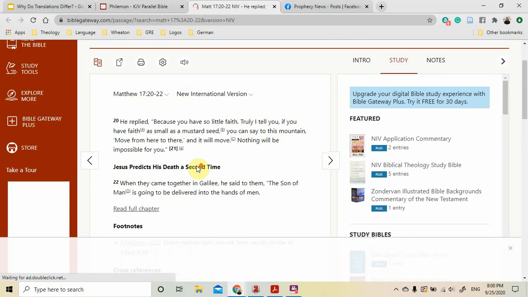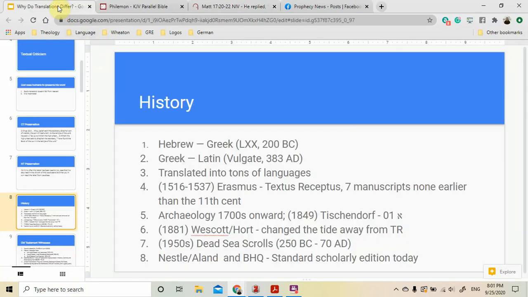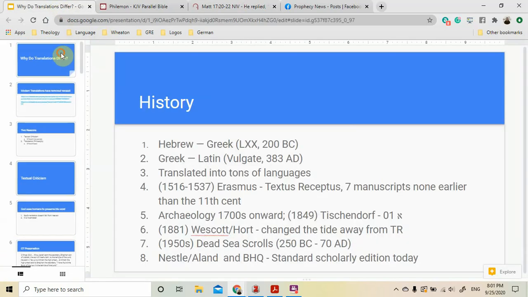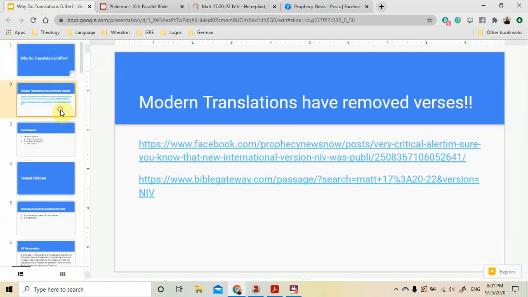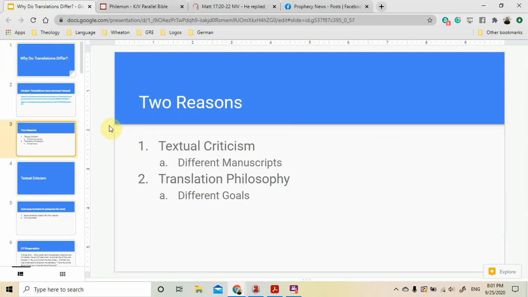So I want to talk about why translations differ. And it's not because modern translations are removing verses and trying to hide them. Rather, there are two main reasons. Either one, there are different manuscripts involved, and that's called textual criticism.